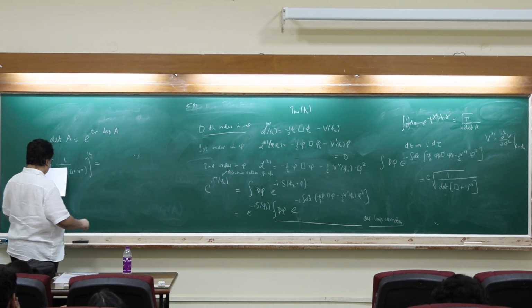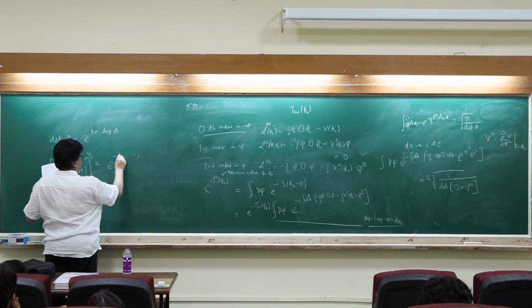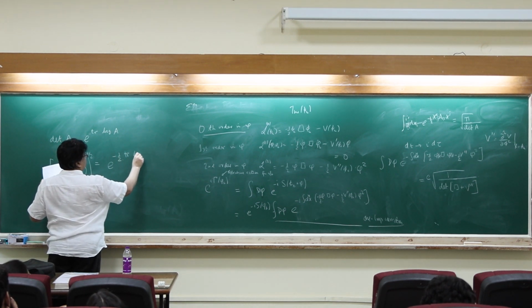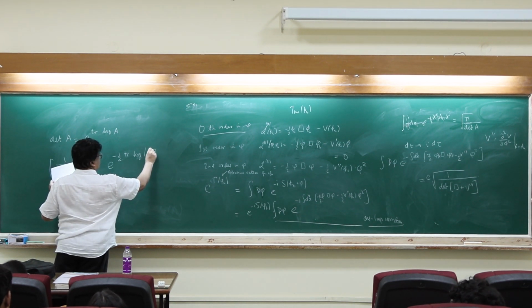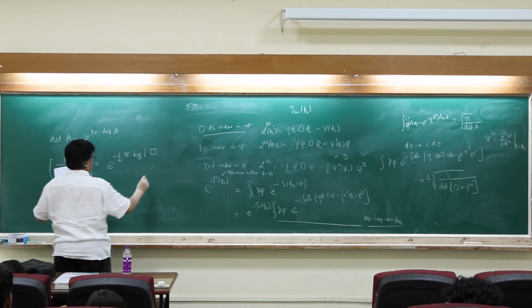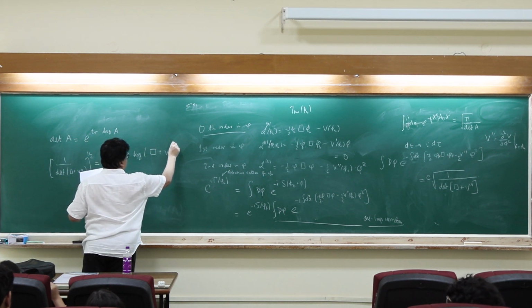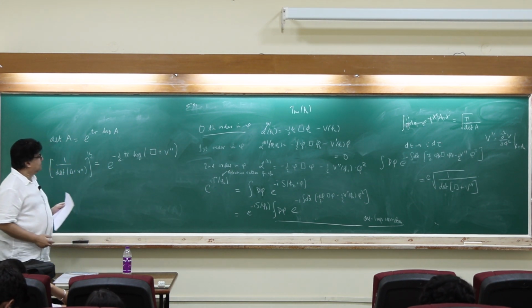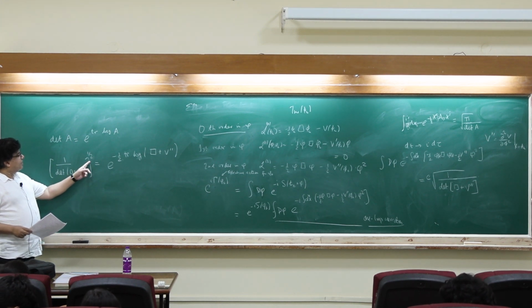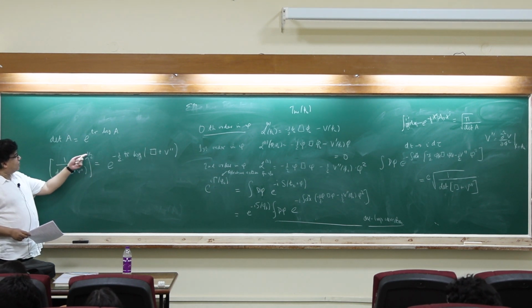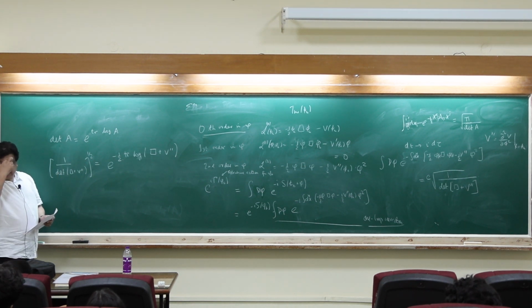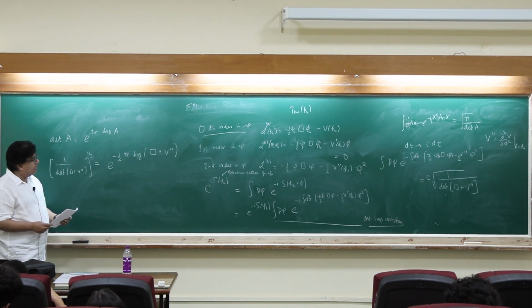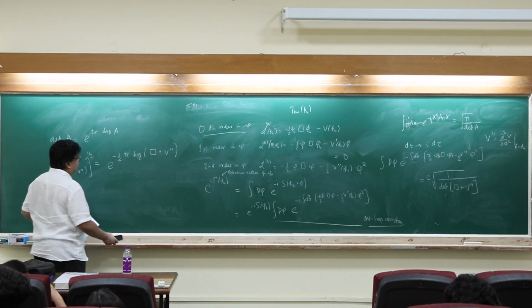So using this will give me e to the power minus half trace log box plus V double prime, minus half, because this is the determinant to the power minus half. Okay, so I am using that in this one. Fine? Okay.